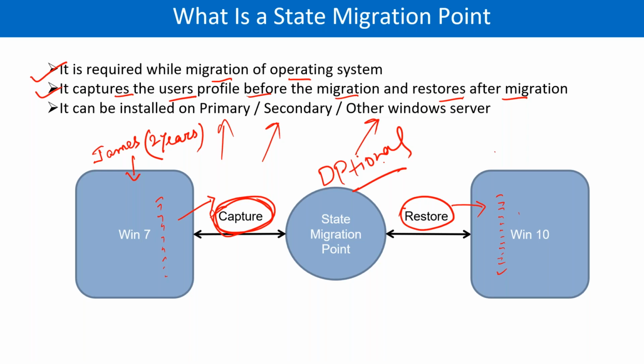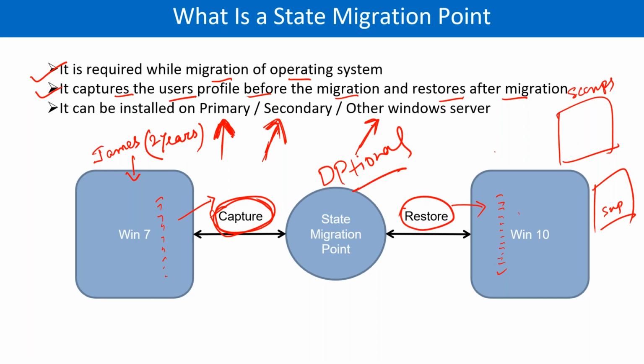So you can install a state migration point on the primary site, or if you don't want to install it there, you can have a separate server and install the state migration point on that server.